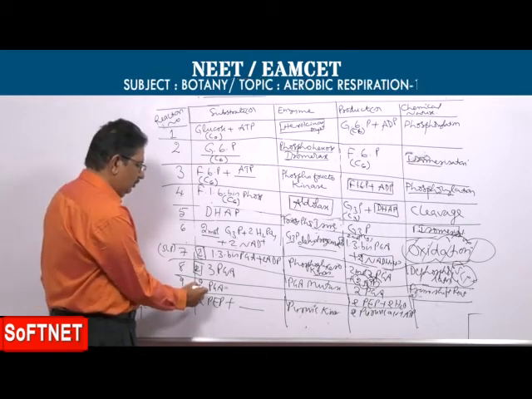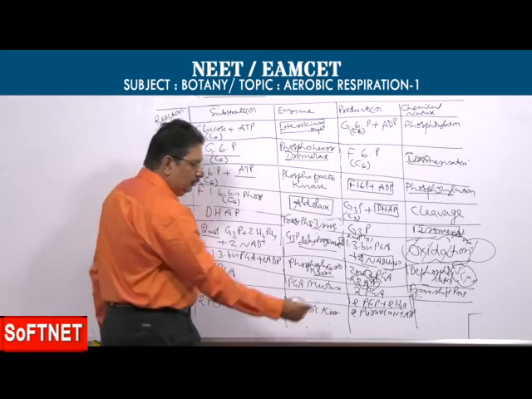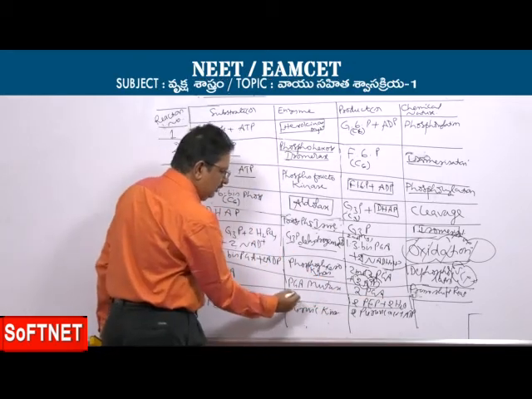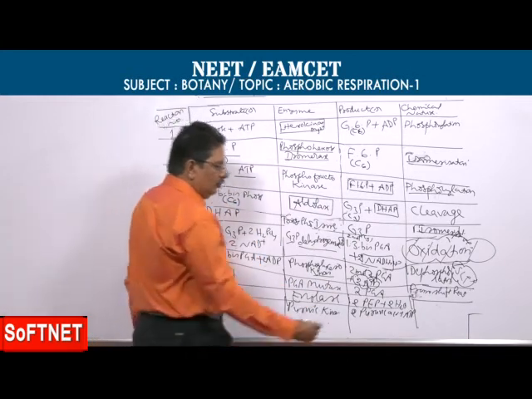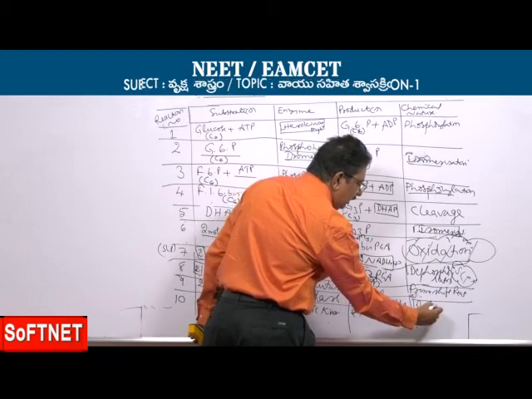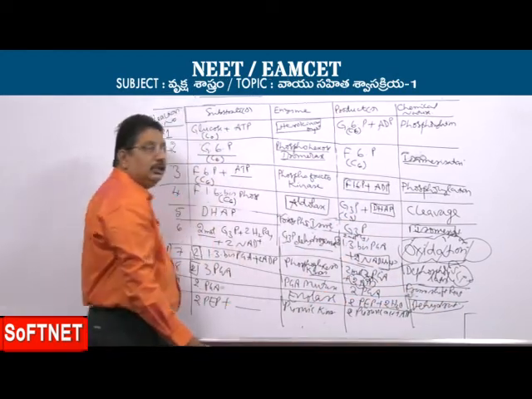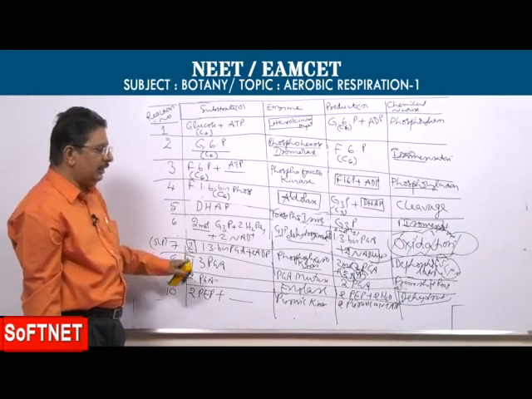So, 2 molecules of 2-PGA now convert into 2 molecules of PEP with 2 water molecules released in the presence of enolase. So, it is chemically dehydration. So, the last but one step in glycolysis is chemically dehydration.